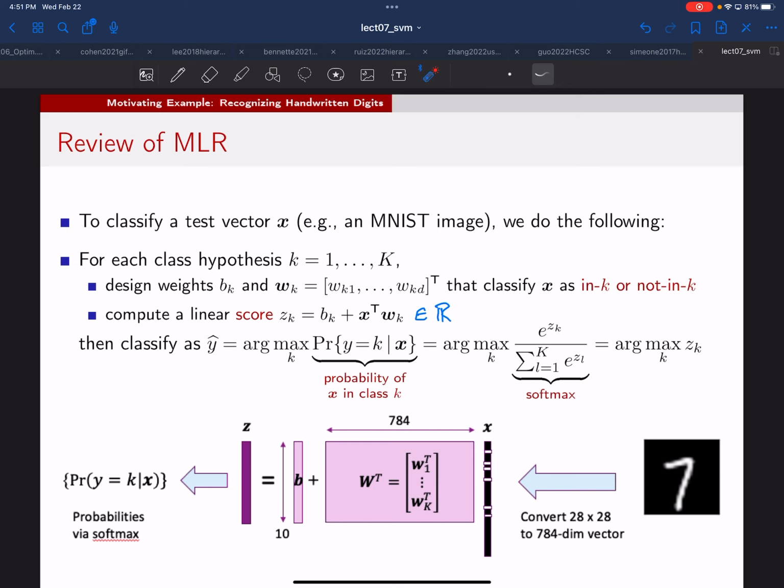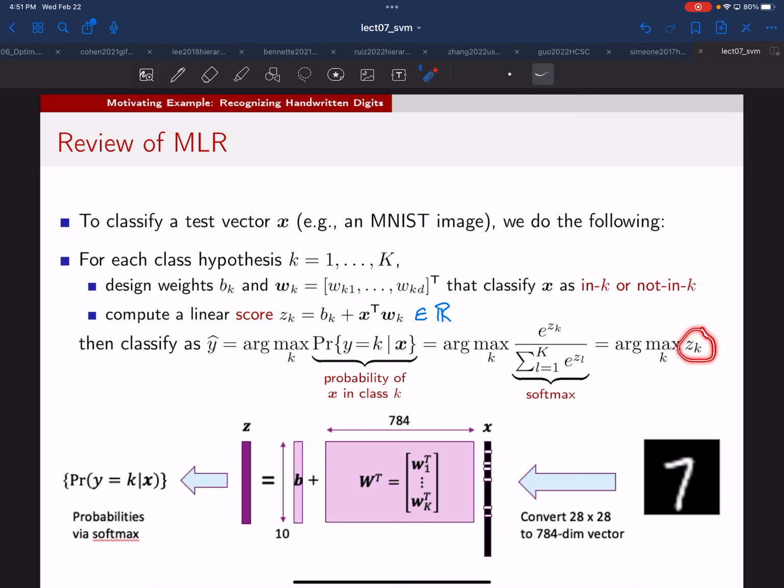But in any case, remember our goal for classification: we don't really care about what these probabilities are. We just want to know which class for this sample is the most probable, right? That's all we care about. So we're just maximizing those probabilities over K, which means maximizing the softmax things over K. But for that, all we need to do is find the K that makes Z the largest.